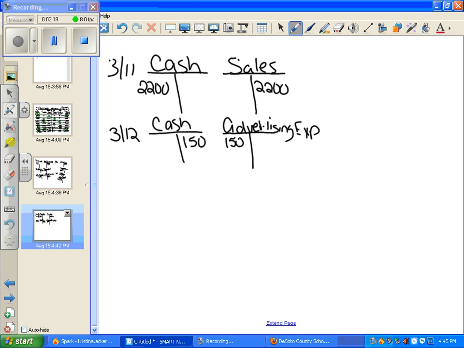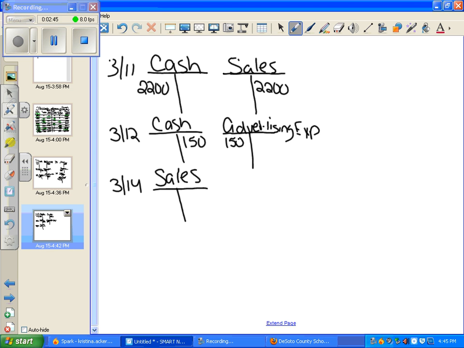On March the 14th, we sold services on account to Dominic Field. Now, if you see those keywords, sold services, that's the same thing as sales. So if you see the term sold services, you know you're going to have the account sales affected. So we are going to go to sales, and then also we sold them on account to Dominic Field.